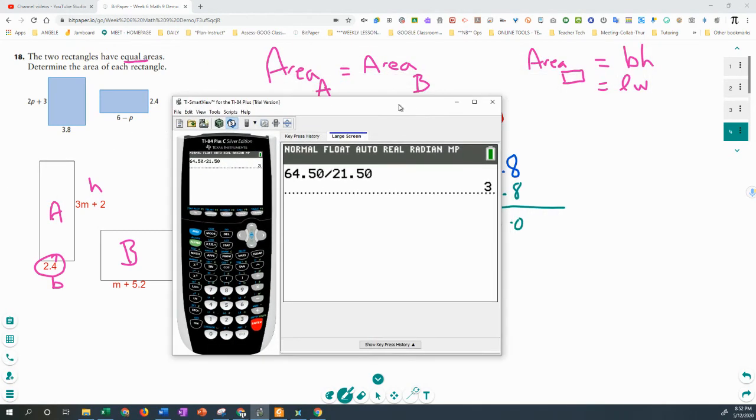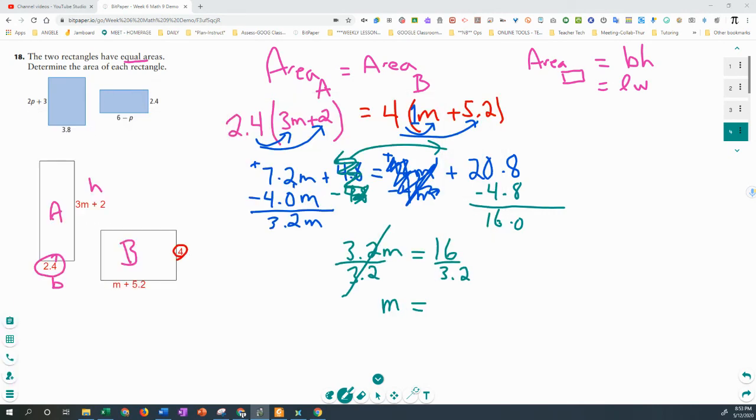So 3.2 should be 10 times more. It should probably be 20. 16 divided by 3.2 equals 5. Sorry, 5, not 20. What am I talking about? Sorry, I was out to lunch there. I was reversing. I was thinking of 32 divided by 16, not the reverse. So m is equal to 5.